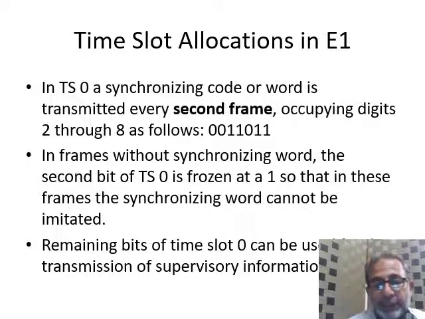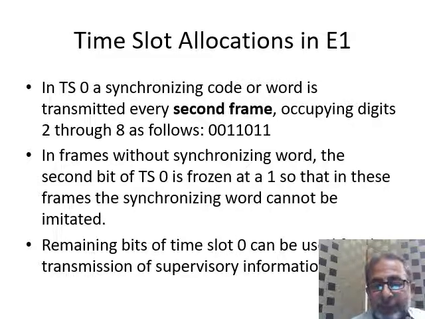In time slot 0, a synchronizing word or code is transmitted every second frame, occupying the digits 2 to 8 as 0011011. You can see these are the bits 2 to 8.